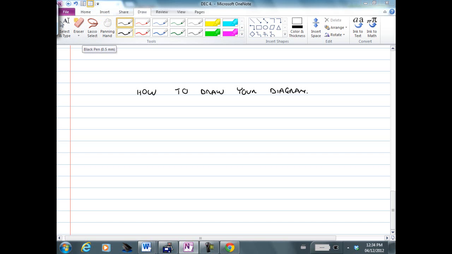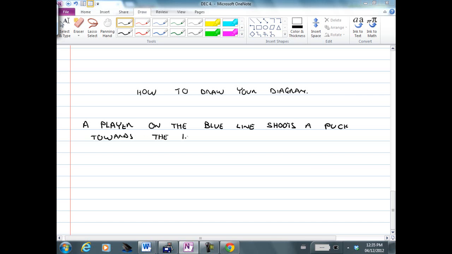It says this: a hockey player on the blue line shoots a puck towards a 1.83 meter wide net. So this player shoots a puck towards a 1.83 meter wide net.